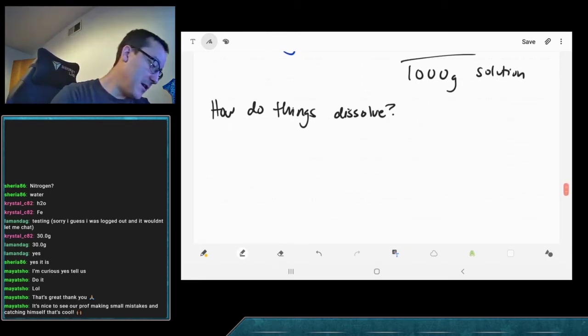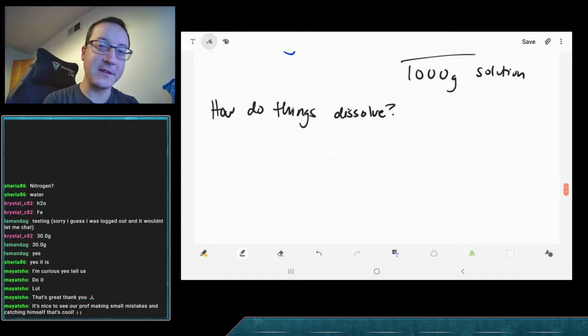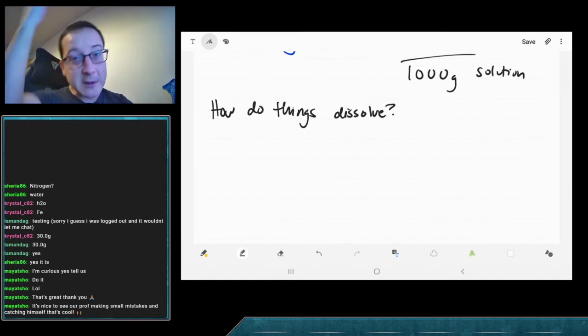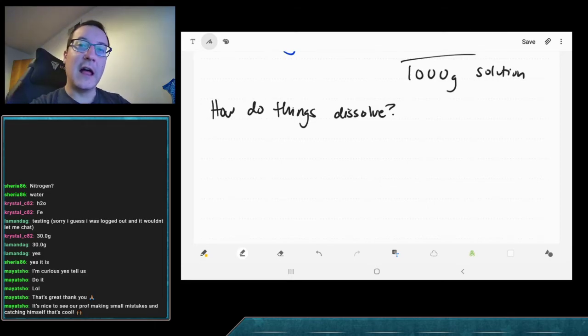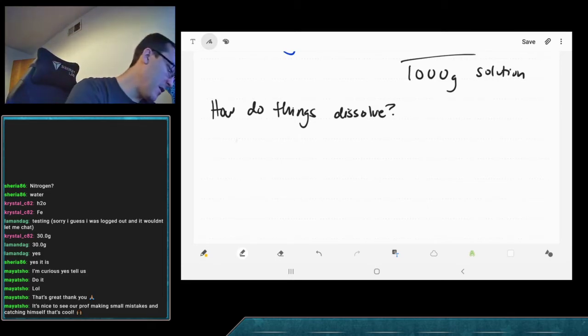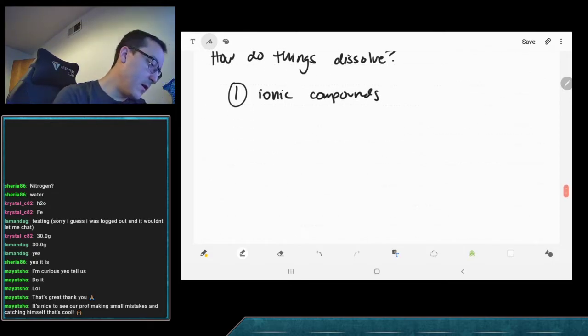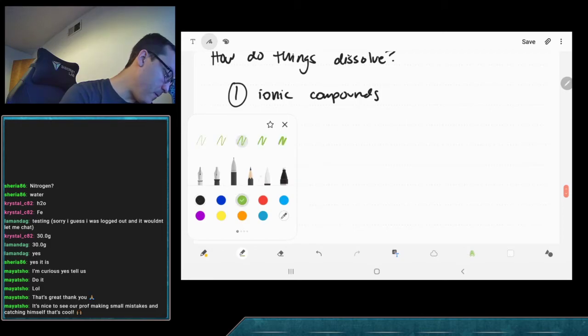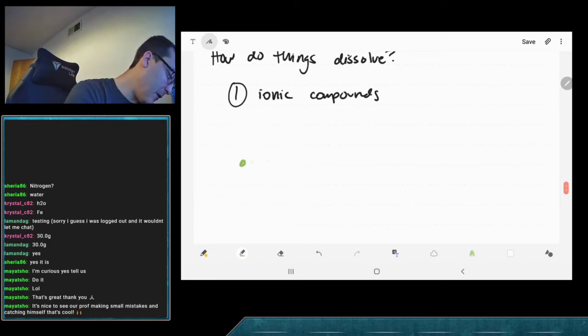So, let's go ahead and talk about how things dissolve. This is where we're going to see those ion dipole forces coming into play. Our first scenario is ionic compounds. What actually happens here is we have our salt crystal, nicely alternating sodiums and chlorides.